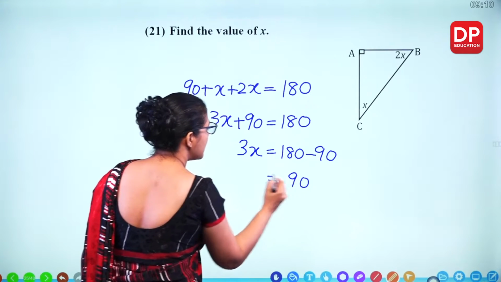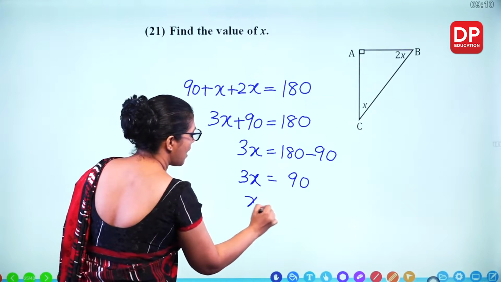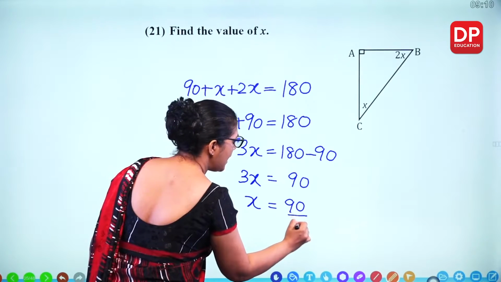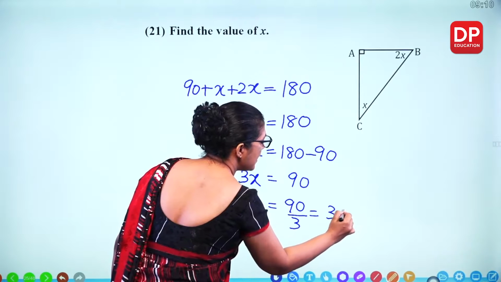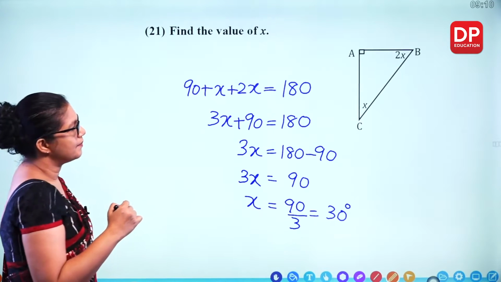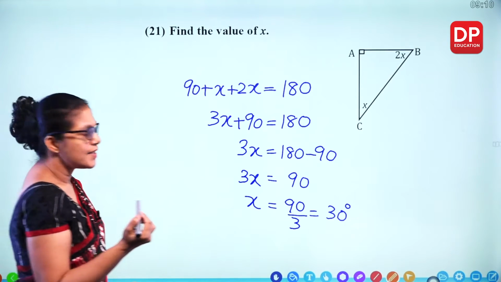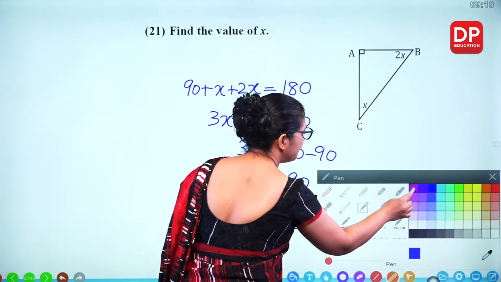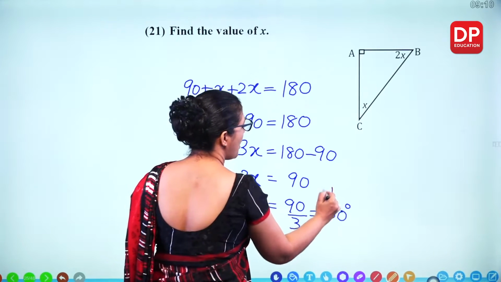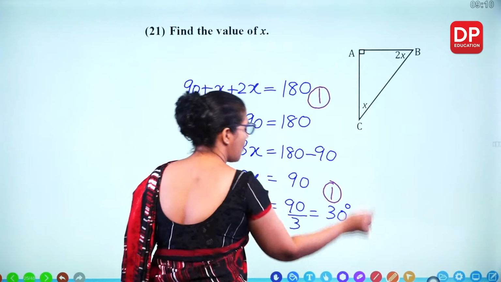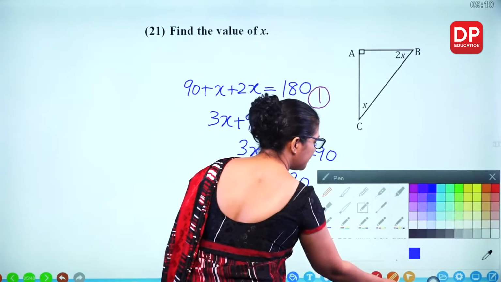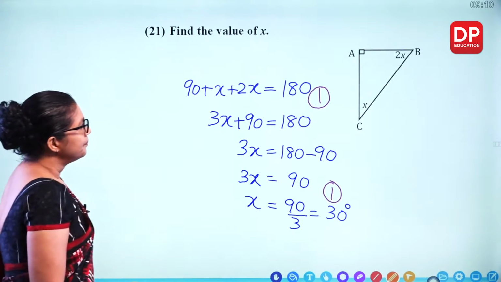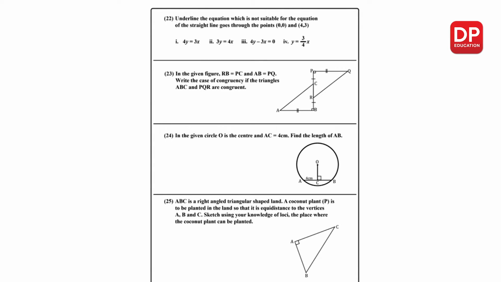So that's 90. x becomes 90 divided by 3. That's 30 degrees. So that's easy. 1 mark for the method and 1 mark for the answer. Now try 22 to 25.